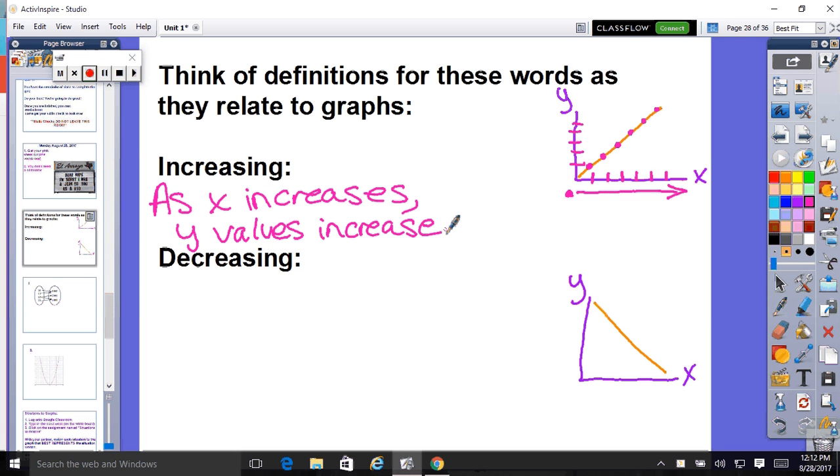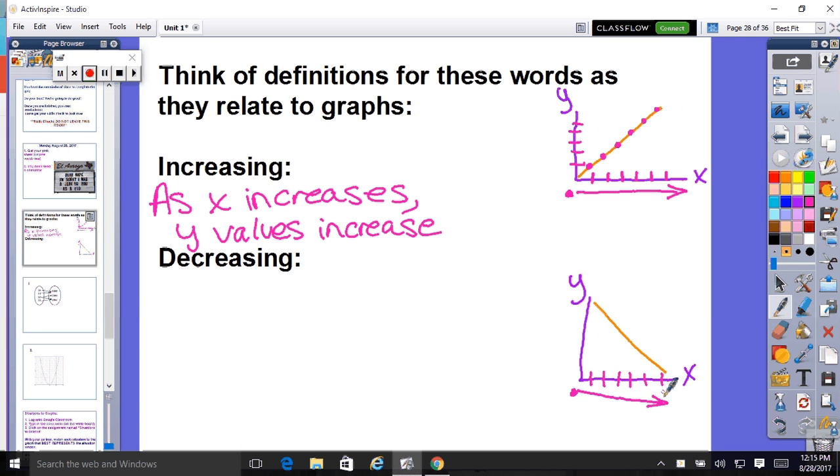Then draw the picture. All right, so we're going to look at the x-axis. We're going to start right here, and we're going to move which way? Left to right, just like when we read a book, right? So we're going to go this way. What are the x values doing? Increasing, right? We read from left to right. You with me? From 0 to whatever number this could be.